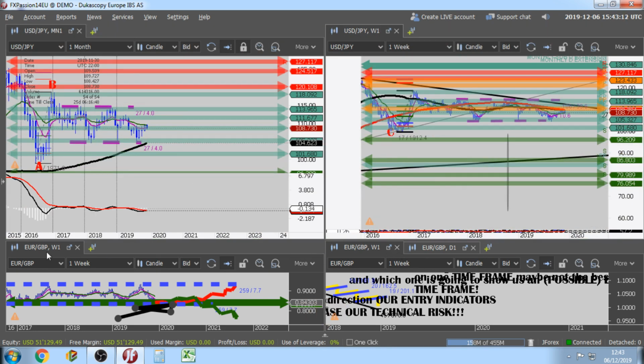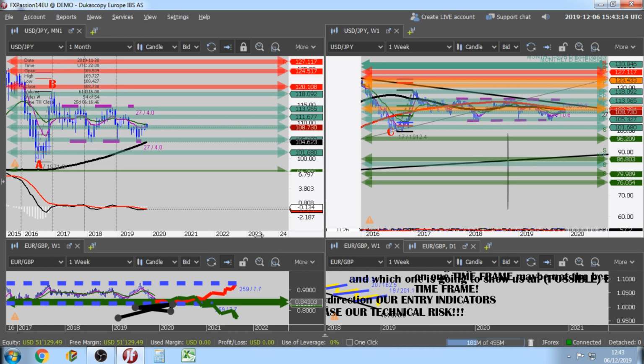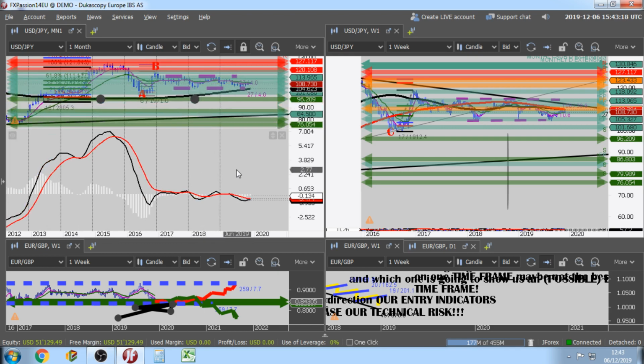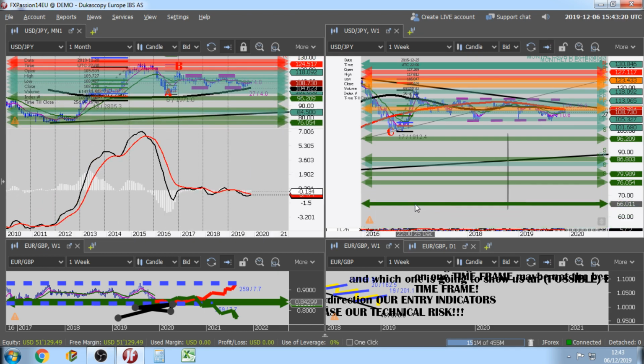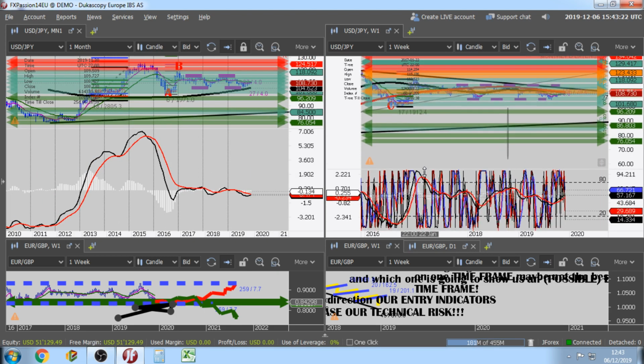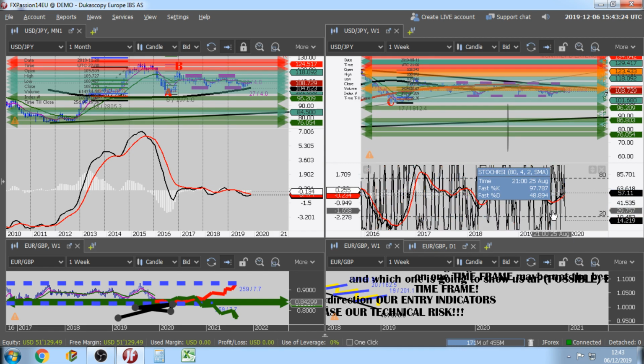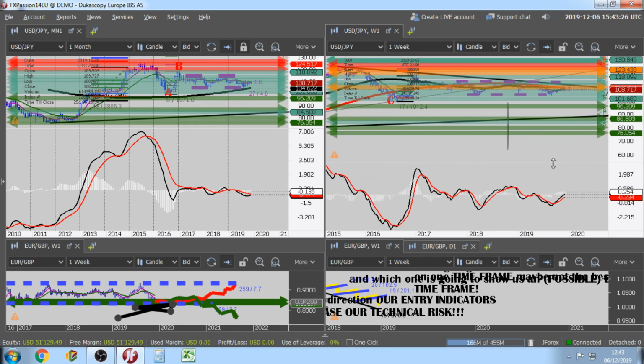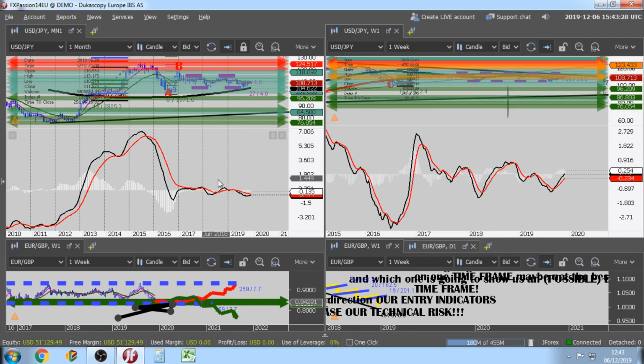Now forget the lines, everybody. This is from other lessons. What I want to show you is that I'm using for the weekly and monthly chart, Miguel, just the MACD.